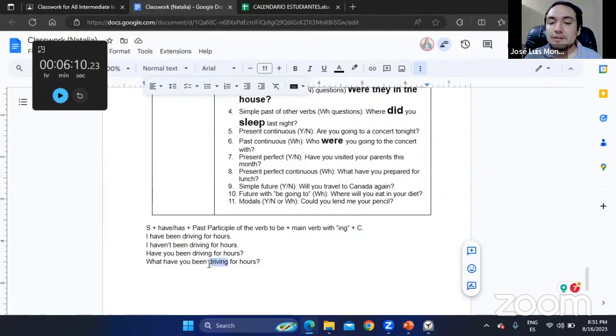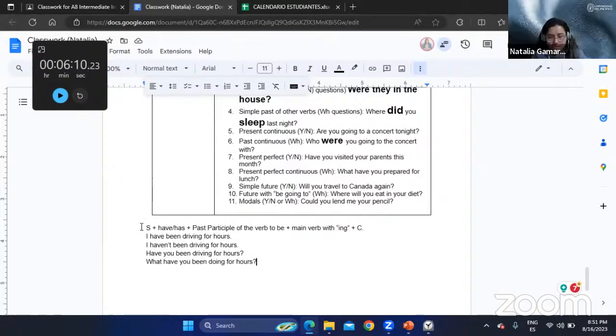So you can say doing. You have to replace this with an action. You cannot change because that's going to be a different tense. So yes, what have you been doing for hours? I have been driving for hours. So this is the present perfect continuous.